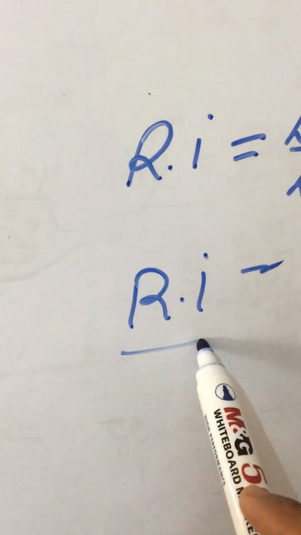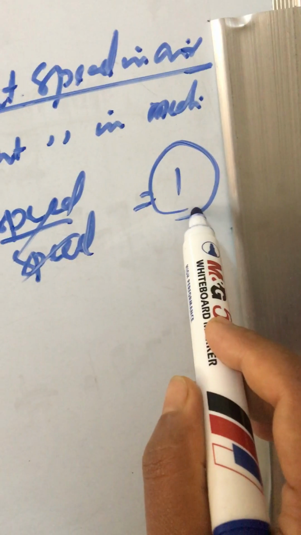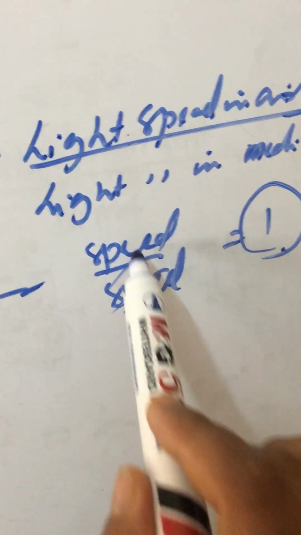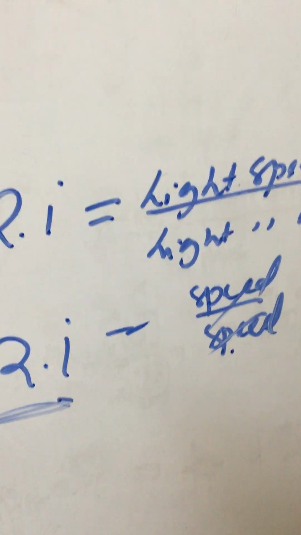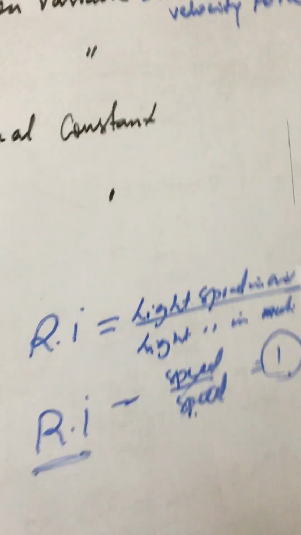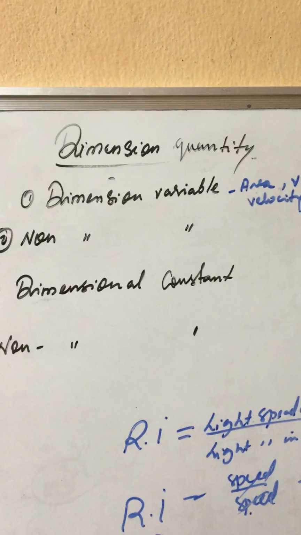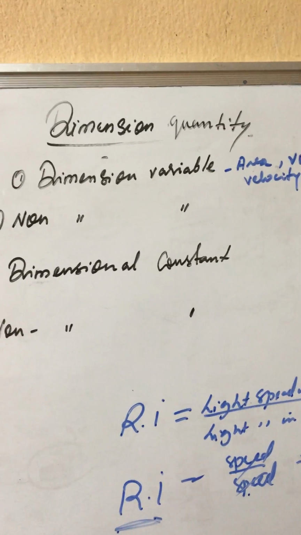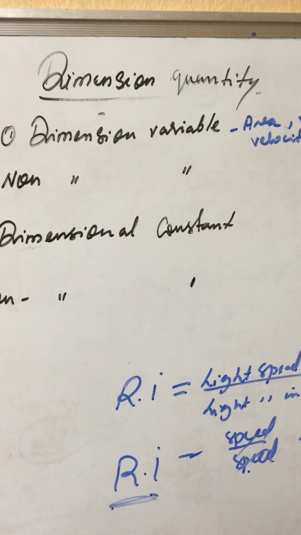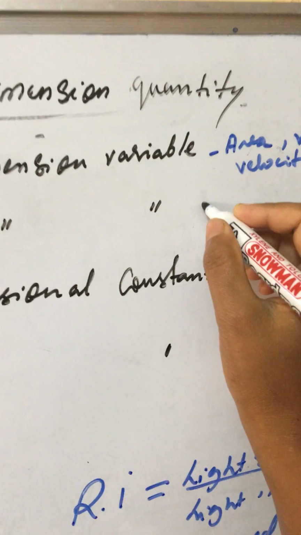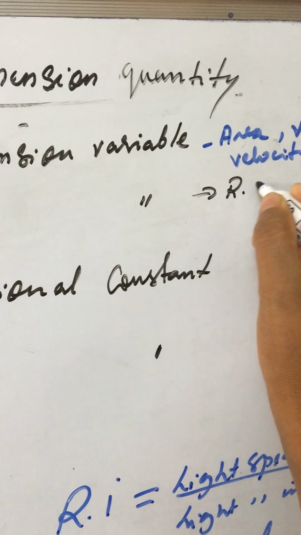But refractive index has no unit because it is the measure of speed by speed. That means it has no dimension. No unit means no dimension. So a non-dimensional variable means a quantity which does not have dimension. The example is refractive index.